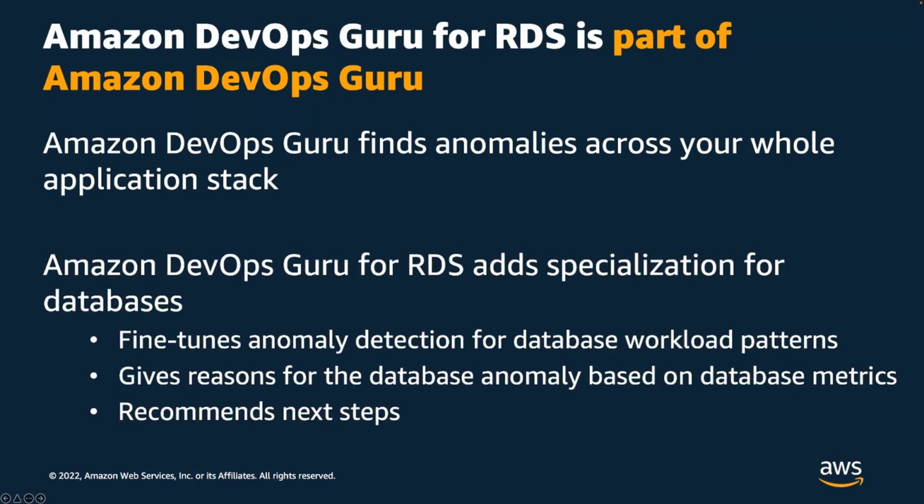So DevOps Guru for RDS adds a few special things to raise the bar in DevOps Guru. First of all, it fine-tunes anomaly detection for Aurora to accommodate the particular workload patterns of relational databases. Then, as we have mentioned before, it shows the customer the results of a database-specific analysis and recommendation process.